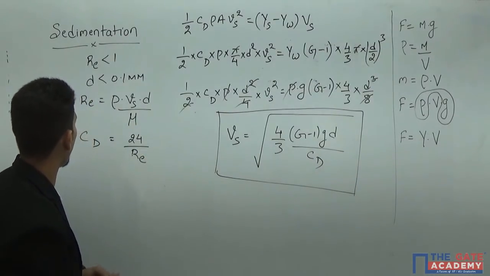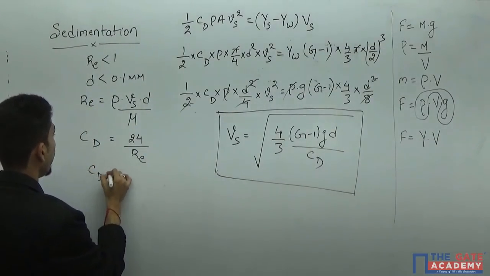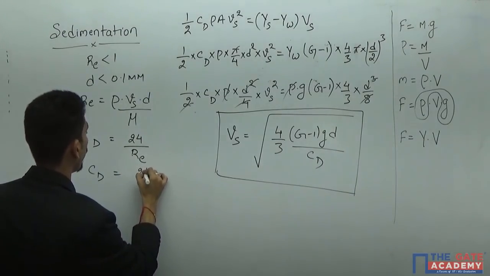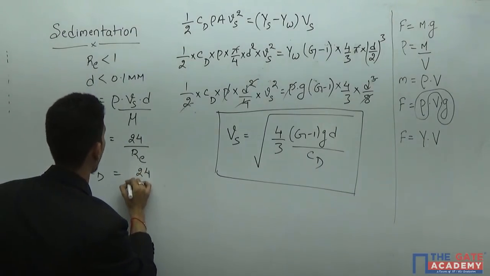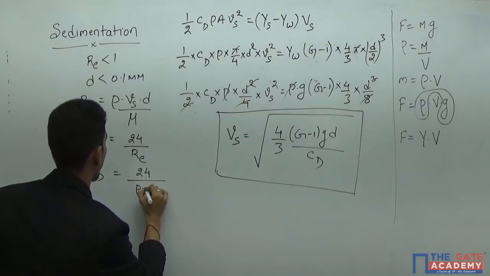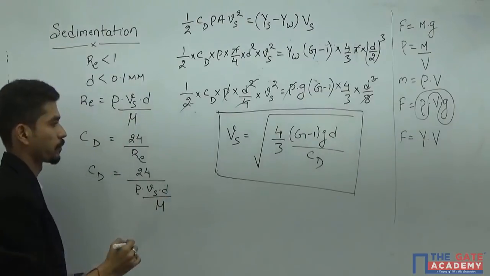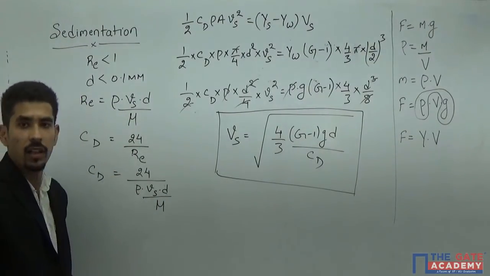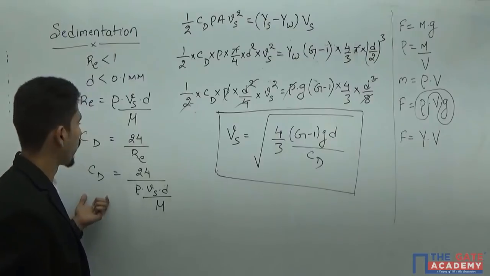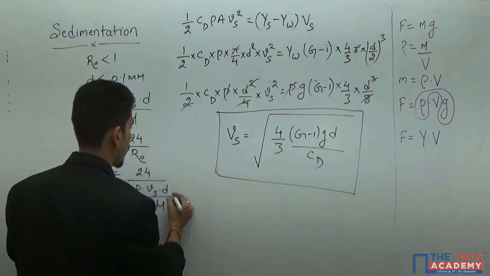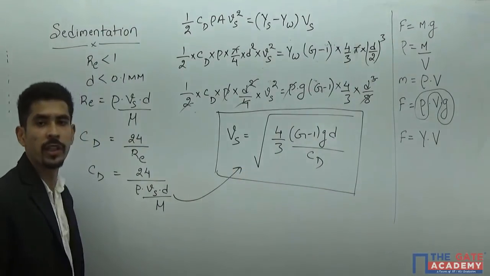If I substitute the value, I will get CD equals 24 divided by rho Vs d divided by mu. I am going to substitute this value of drag coefficient in this expression.